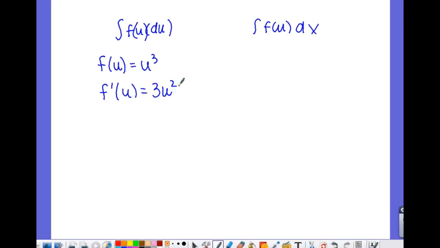If I wanted to find f of x squared, and I know that u is x squared, then if I replaced my u's with x squared, f of x squared would equal x squared to the third. So f of x squared would equal x to the sixth.